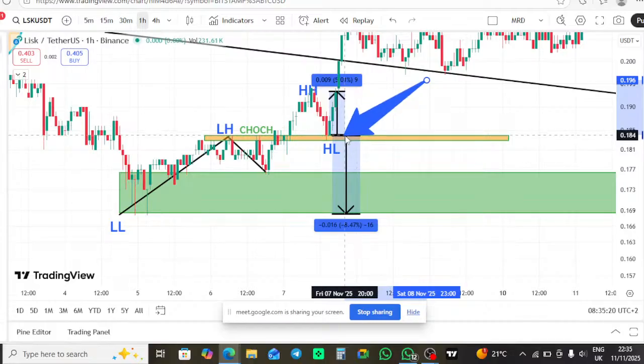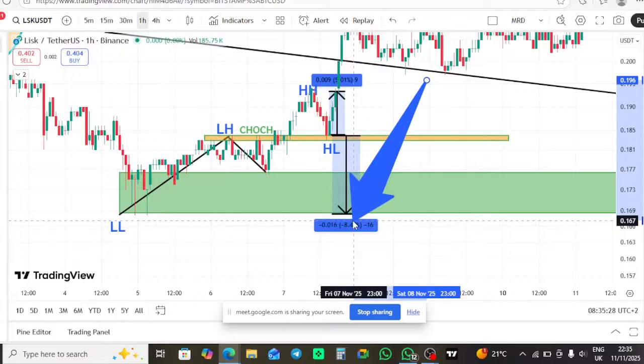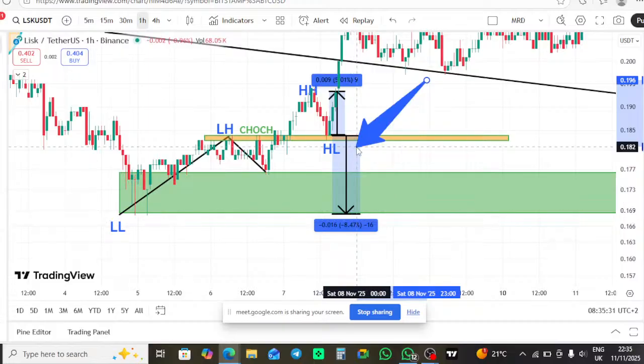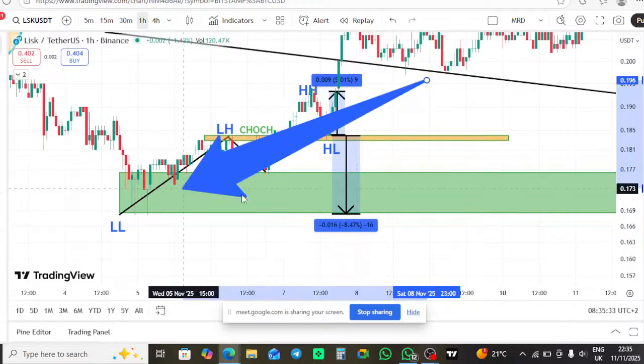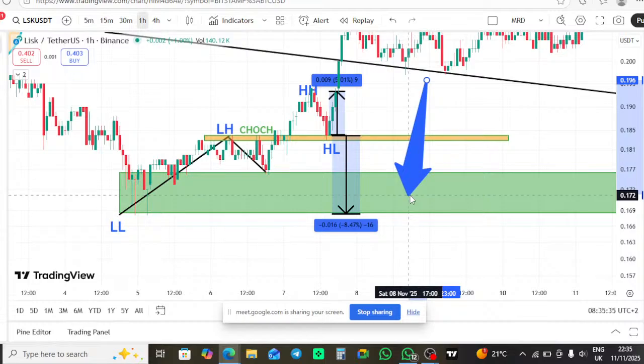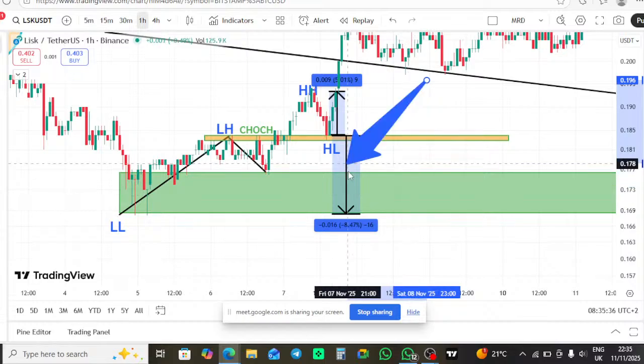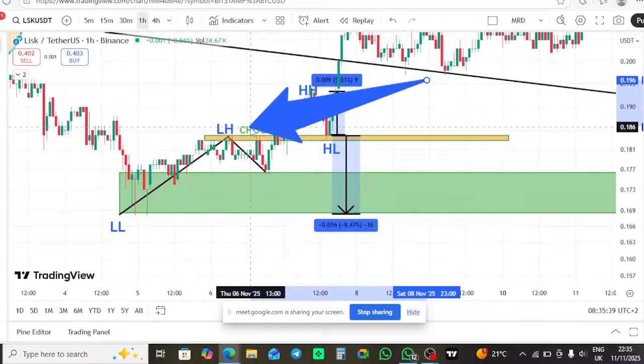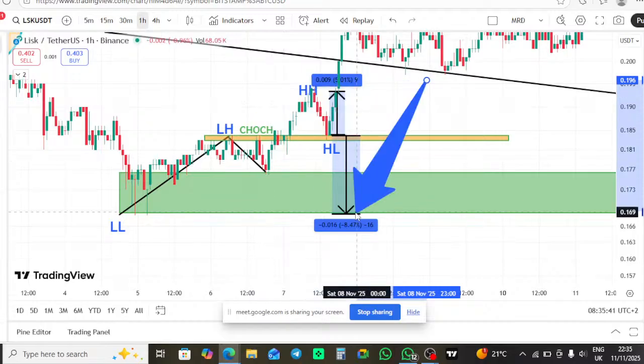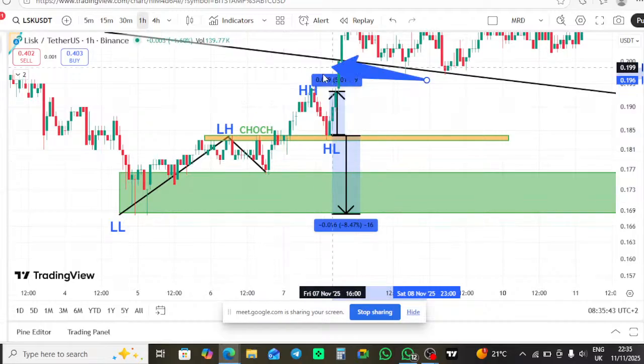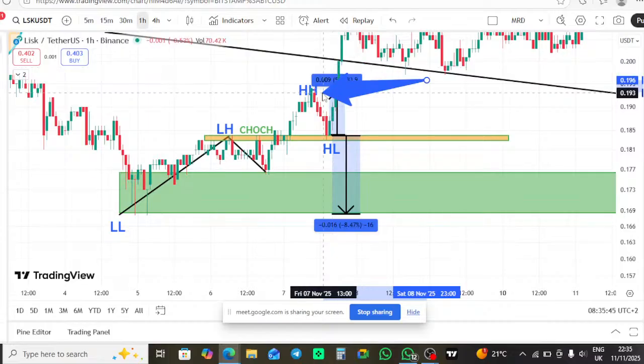I can agree with someone who can put here 1,000, because the drop is small and we are at the discount level. We don't expect the market again to change character after the change of character. We expect the market at least to give us this 5% first before it drops.